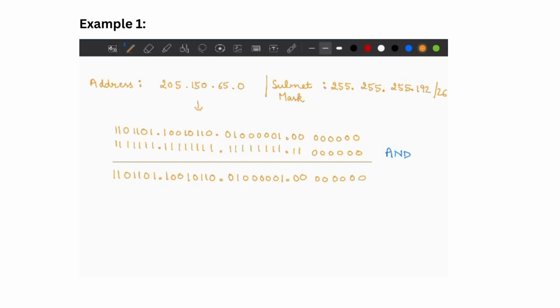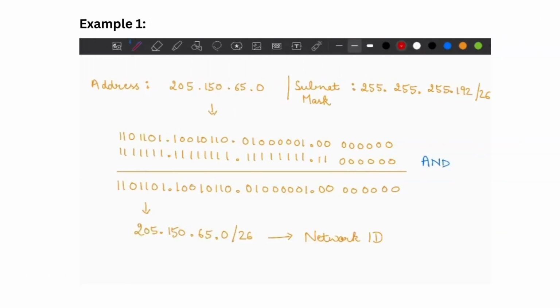After summing up the powers of 2, the network ID comes out to be 205.150.65.0/26. We have just calculated the network ID.